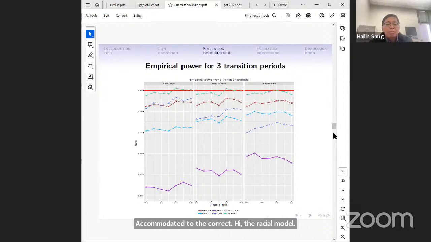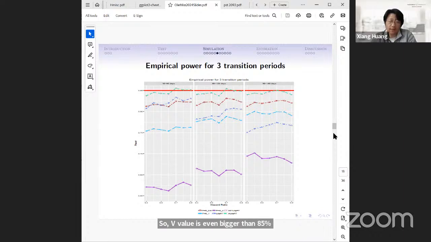Some ratio values are even bigger than 85%. Some are bigger, some are less, but on average, it's close to that line.